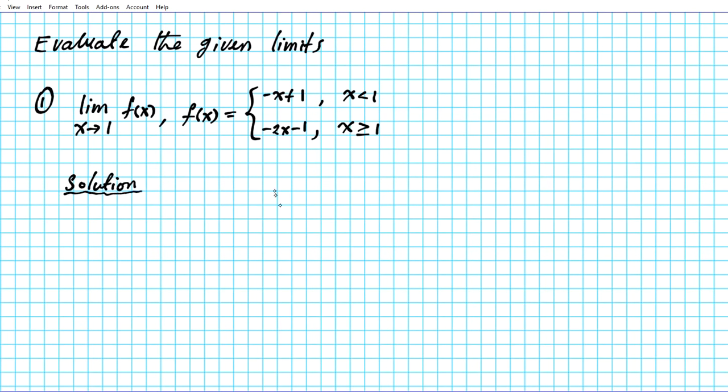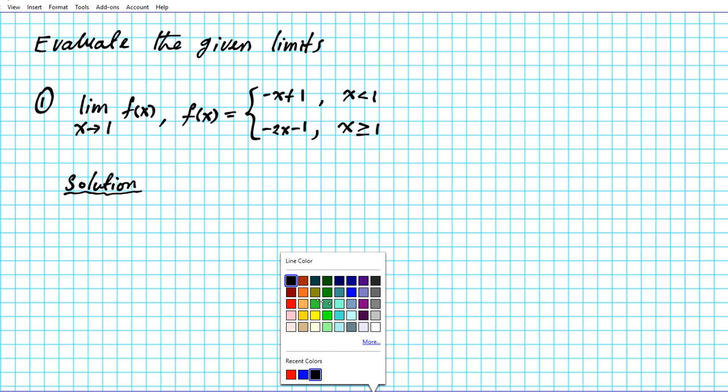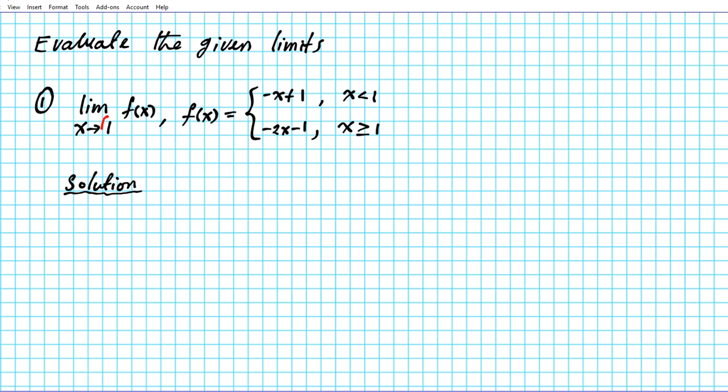Now, before we get started, we need to take a close look at what we're given. Okay? We are looking for a double-sided limit. Notice there's no direction here, so there's an invisible plus or minus, which means left and right. We are looking for a double-sided limit of a piecewise defined function, and the value that we are approaching happens to be where the switch in the subdomain occurs.